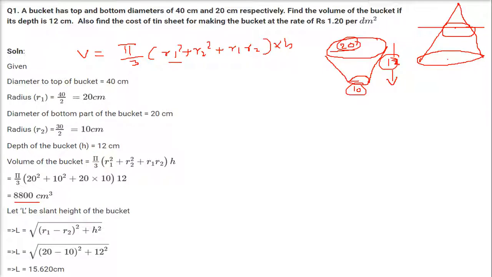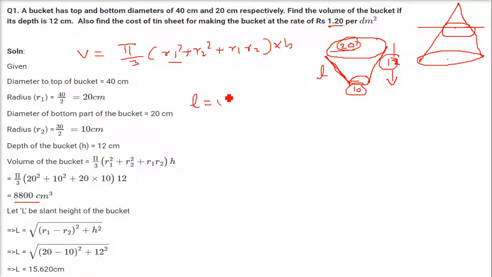Now the next part is we have to find the cost of the tin sheet for making the bucket at the rate of this much per decimeter square. In order to find the cost of the sheet, we need to find the slant height of this shape.